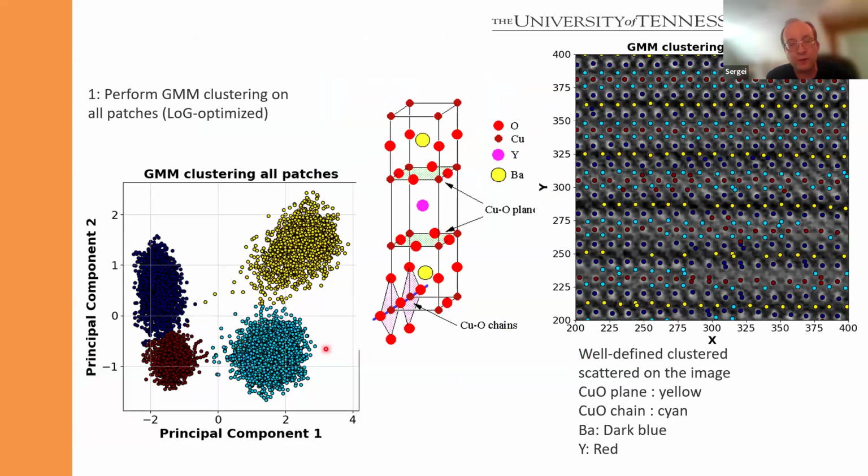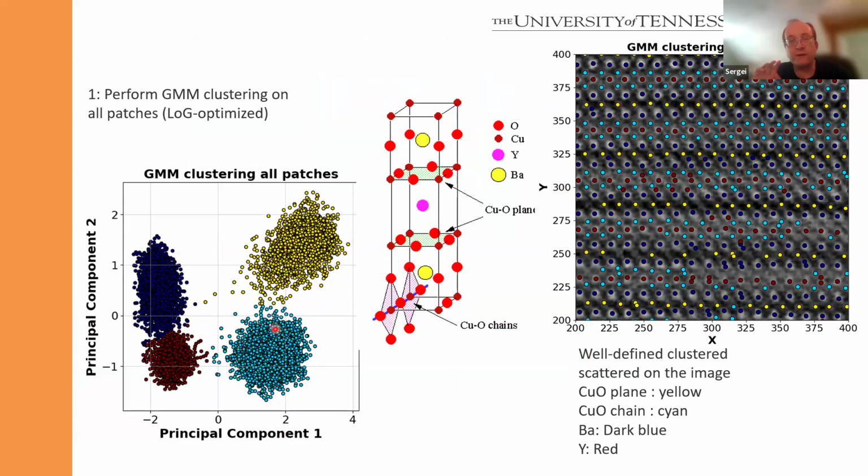So it turns out that all we have to do is, okay, we already know where the atoms are. So the first thing we need to do is to classify the atoms. The easiest way to do that is to define the patch around the atom and then do the Gaussian mixture model classification. So lo and behold, all the atoms in the image form 4 different groups.